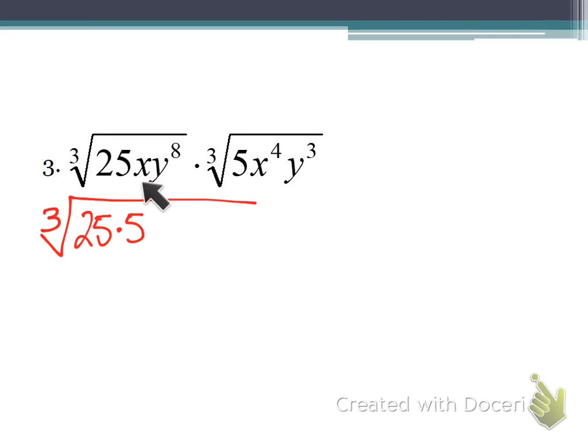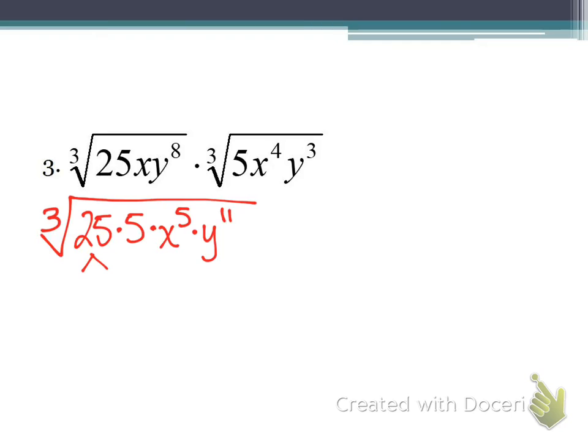If I'm combining x with x to the 4th, I would have a total of x to the 5th. Y to the 8th times y cubed is y to the 11th. If you prefer to write your x's and y's put together, that's fine. Even if you prefer to write this as one big number, that's fine. I just don't like to, because the first thing that I then have to do is break that number back apart.